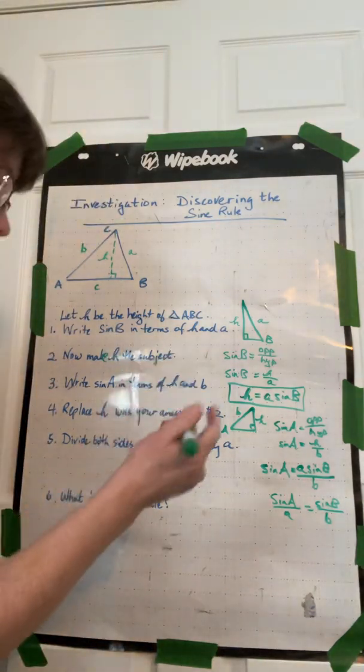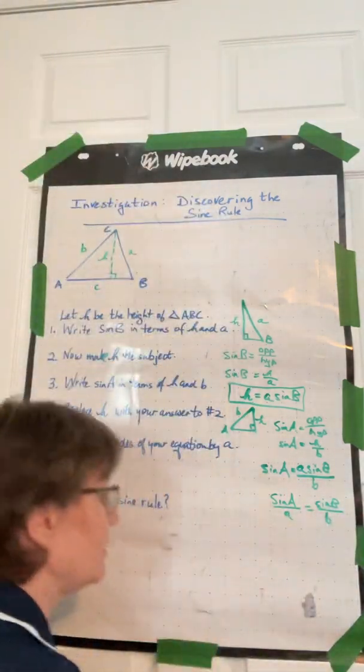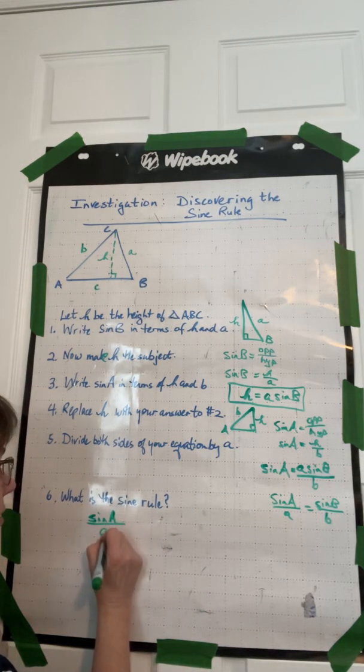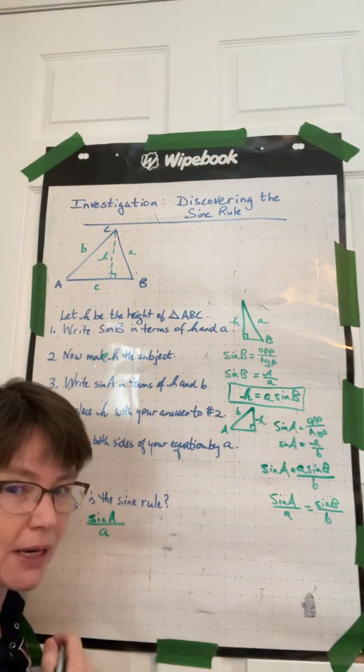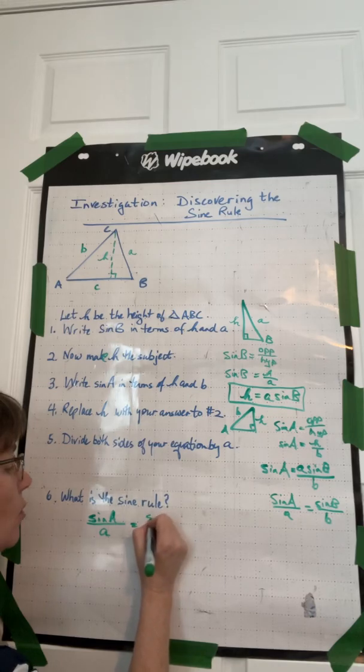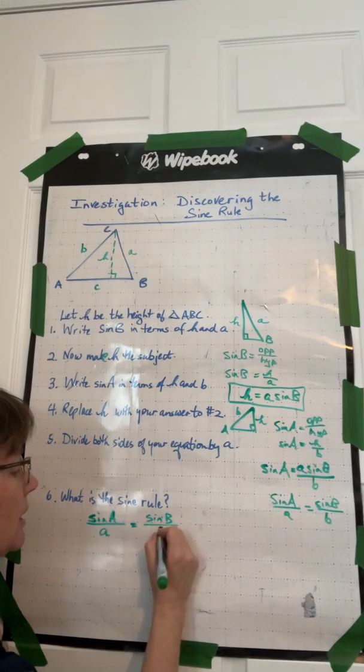The sine rule is actually the ratios of the sine of an angle to its corresponding side length across from that angle will always be equal in any triangle.